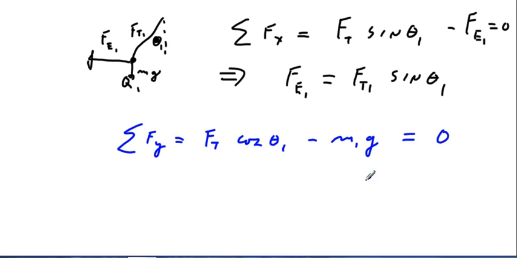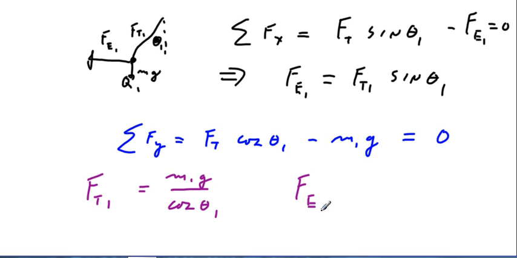All right, so the force of tension 1 is going to be m1g divided by cosine theta 1, and the force due to electromagnetic stuff is going to be m1g divided by cosine theta 1.